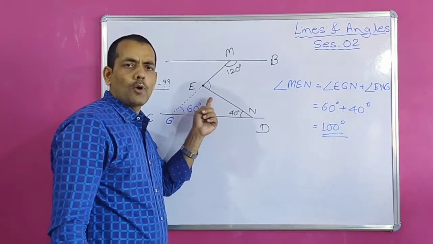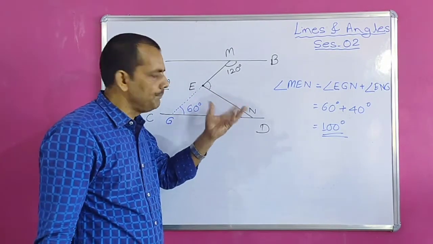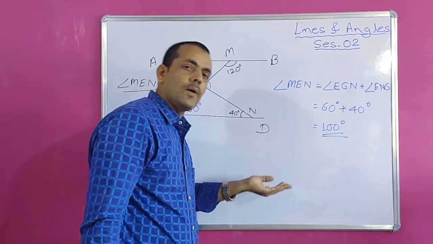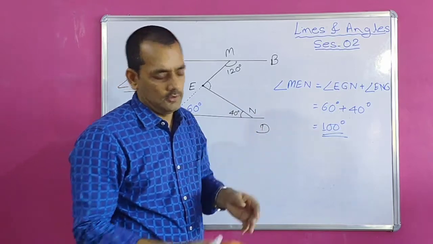So this is using a simple property from triangles. If you have been through it, fine. If you haven't, you can recheck this question once you go through the triangles chapter.